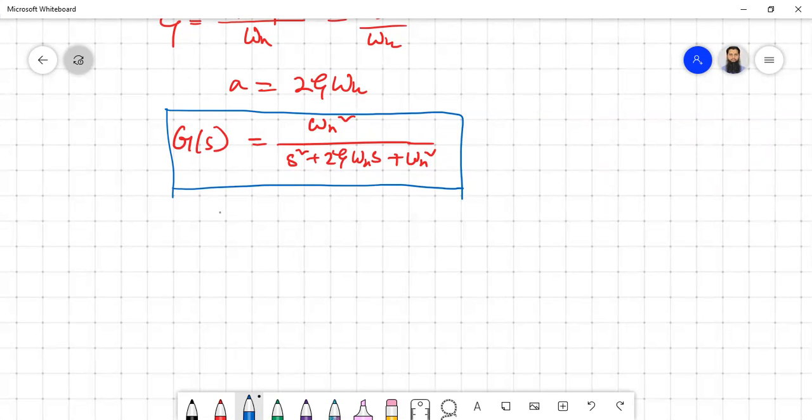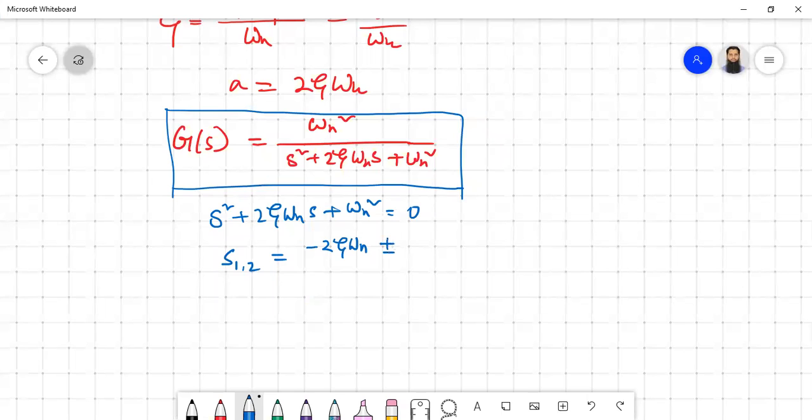So to find it, we set s squared plus twice zeta omega n s plus omega n squared equal to 0. That will give us s1,2 equal to minus b, that is minus twice zeta omega n, plus minus root over b squared, that is 2 zeta omega n squared, minus 4ac, divided by twice a.